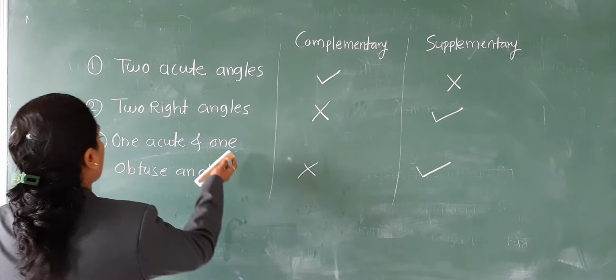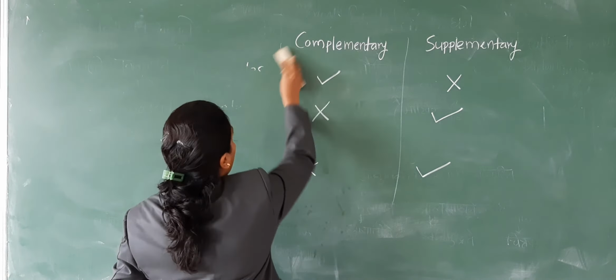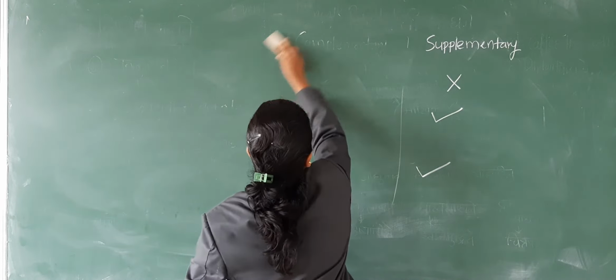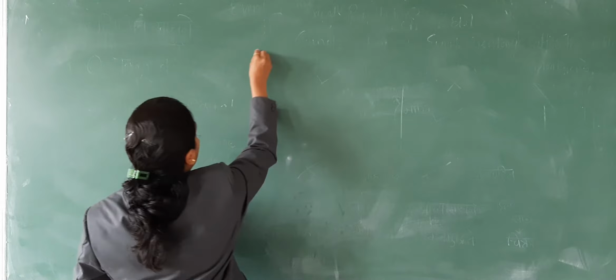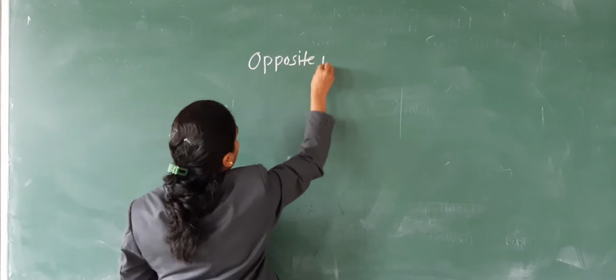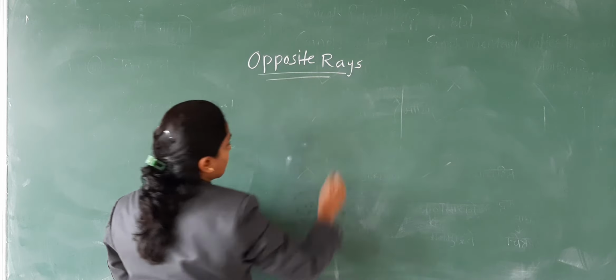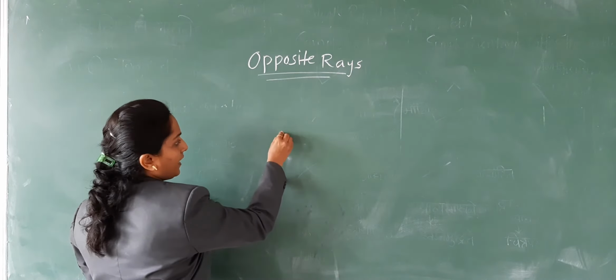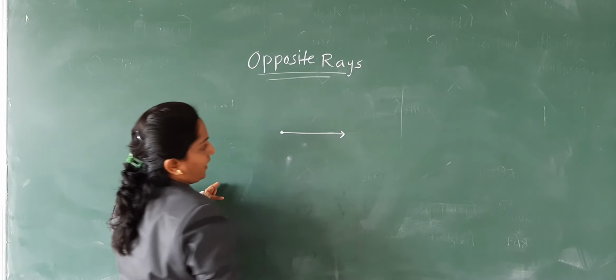Now let's learn another concept, that is opposite rays. As we know, a ray means one end is closed and another end can be extended.